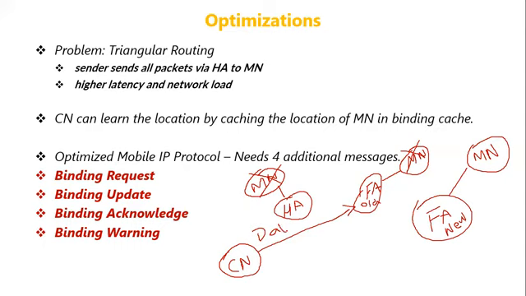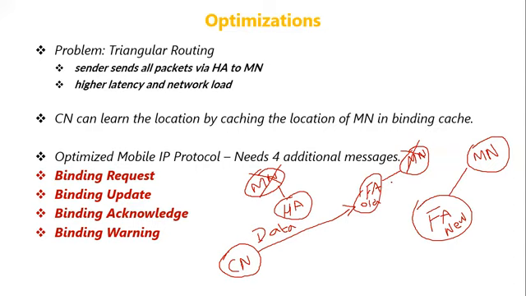But once the data is received by FA old, this is actually tunneled. The data is sent through the tunnel, so it is encapsulated. So FA old will first decapsulate the data, and it will find that the destination is a particular mobile node. So now FA old knows that this mobile node is no more under this network.